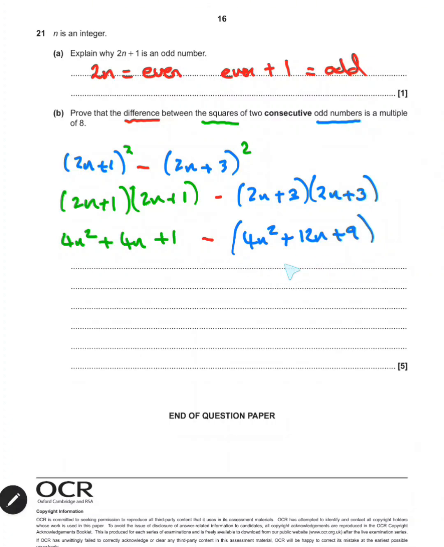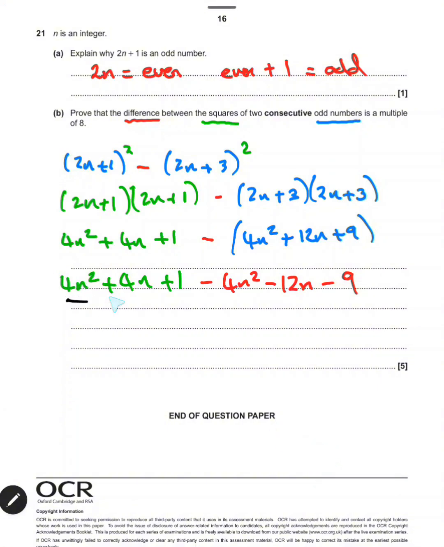I've left this second one in a bracket because I've got to take away all of this. So we end up with 4n squared plus 4n plus 1. Take away 4n squared. Take away 12n. And take away 9. I'm taking away all of that bracket.